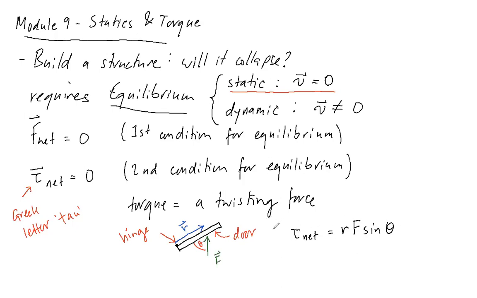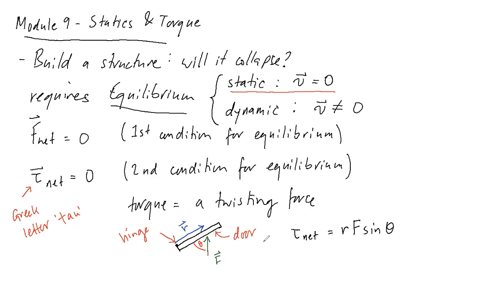So anytime you apply a force that is distant from the center of rotation, you get a torque. The torque produces a tendency of the object to rotate about that center of rotation.